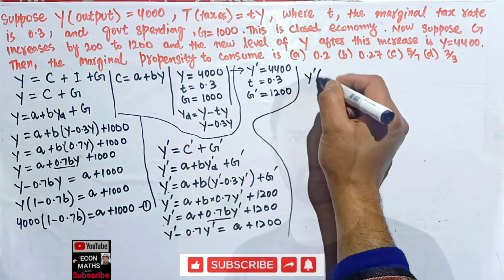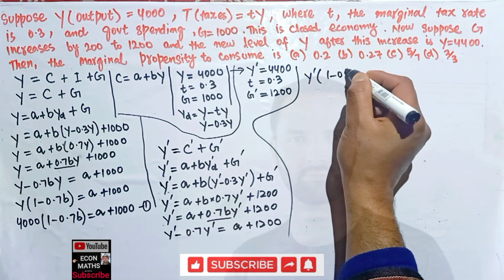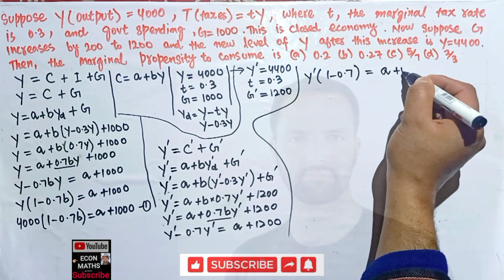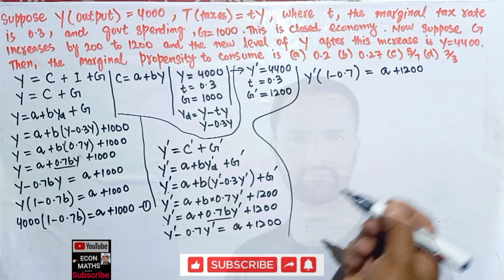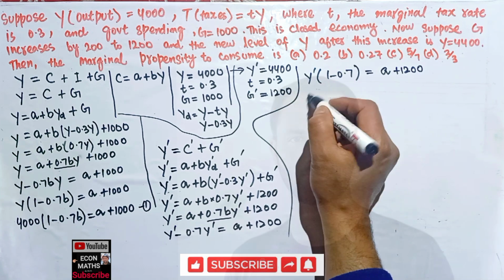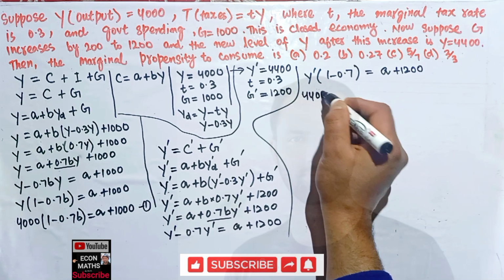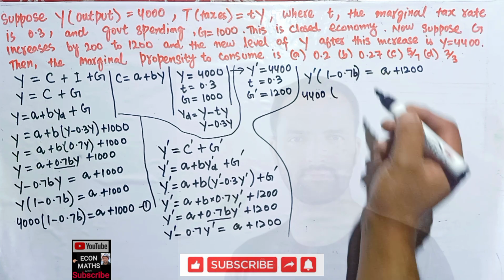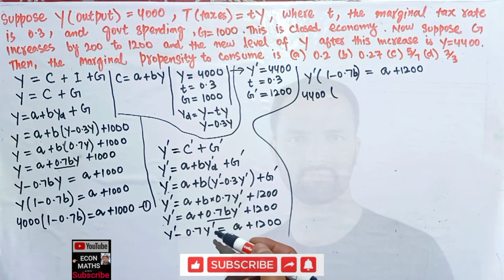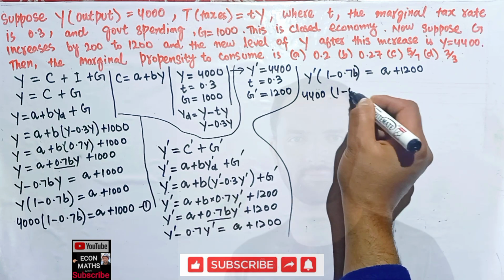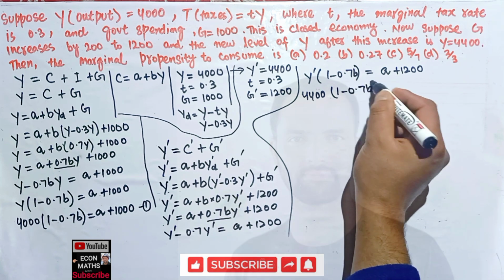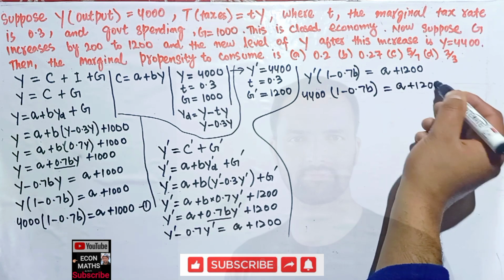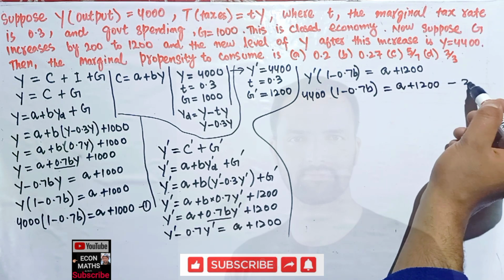Now y dash taking common, we have (1 minus 0.7 b) is equal to a plus 1200. Now what is the value of y dash? It is 4400, so we have 4400 here. I forgot to write b here, so we have 4400 (1 minus 0.7 b) is equal to a plus 1200. Let this be equation second.